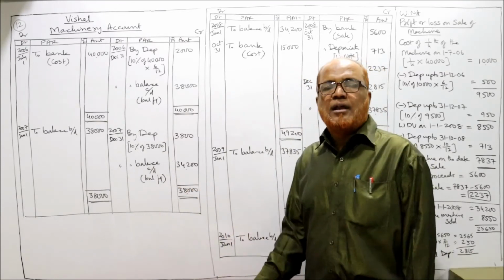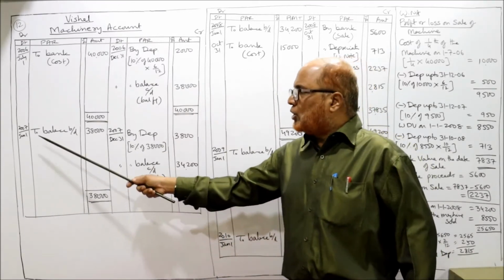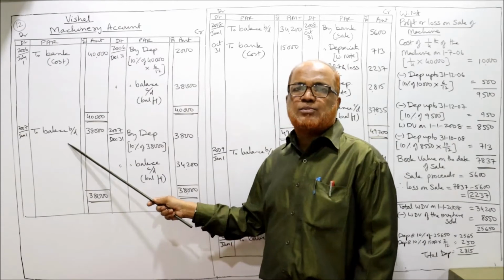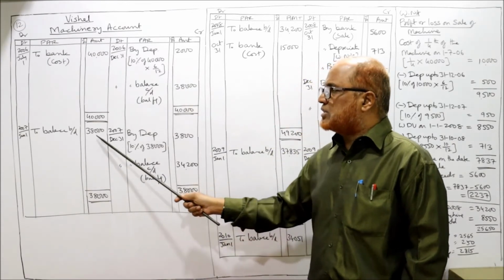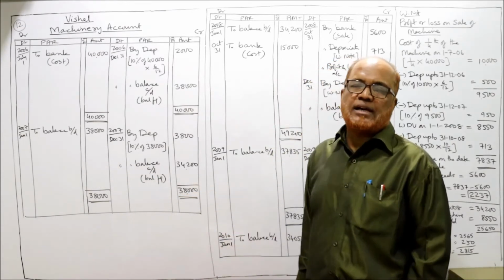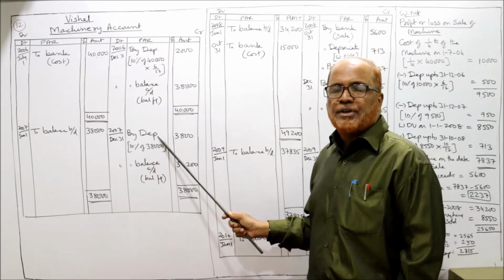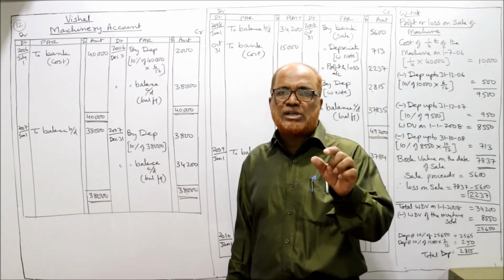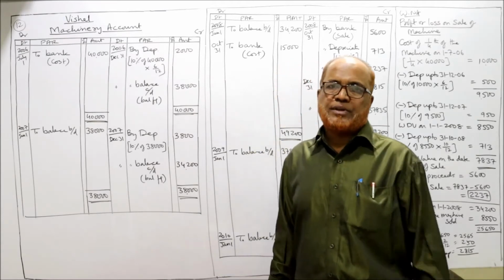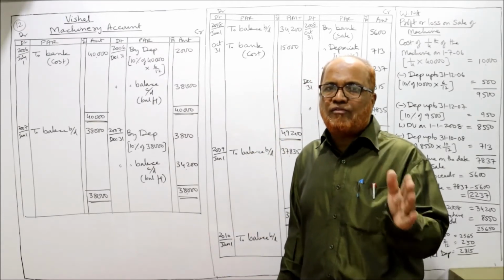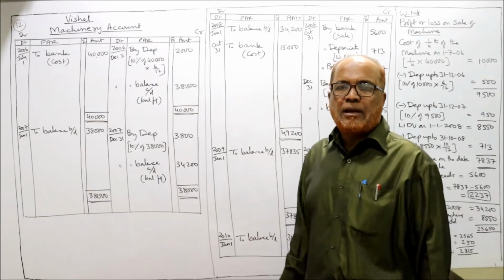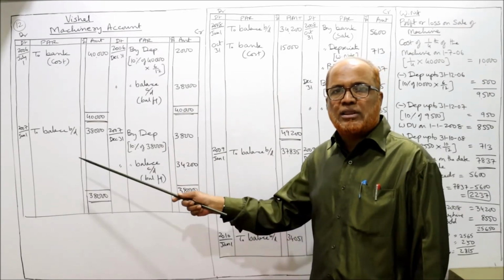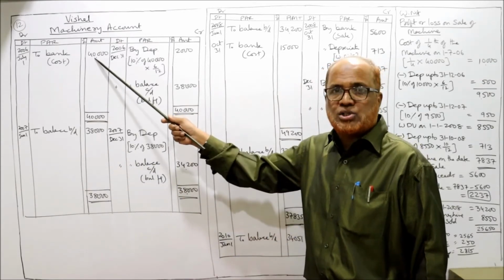2006 completed. Now we are in 2007. So 2007 January 1st, to balance brought down 38,000. Now credit side. By depreciation. We are following the diminishing balance method, reducing installment method or written down value method, which mean the same. Now depreciation should be calculated on this value, not on original cost.